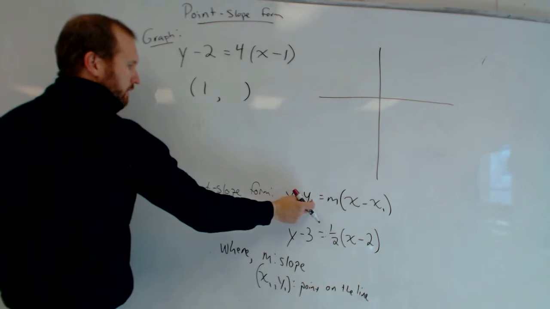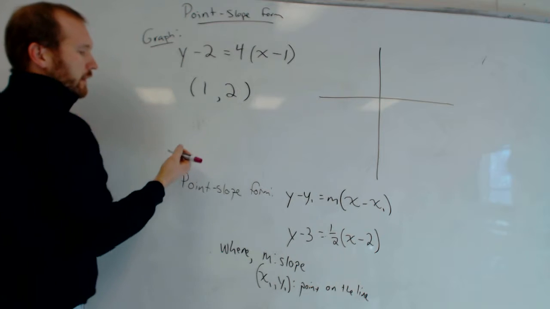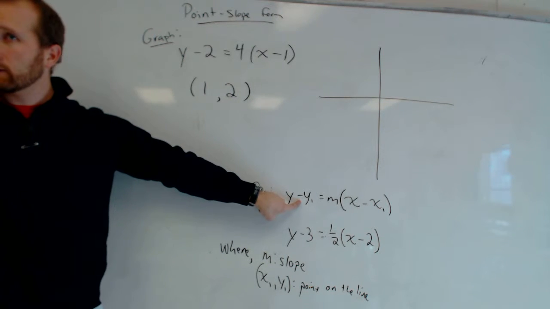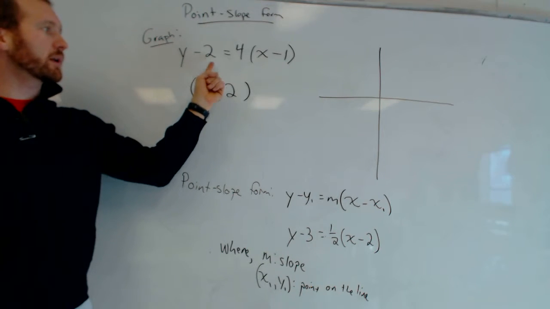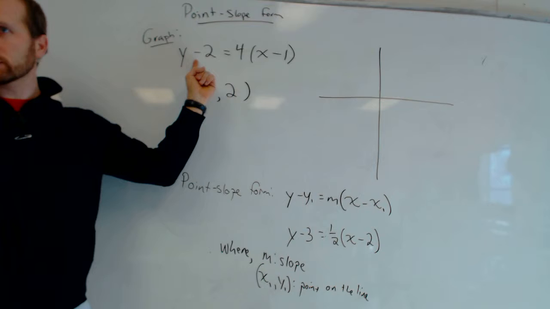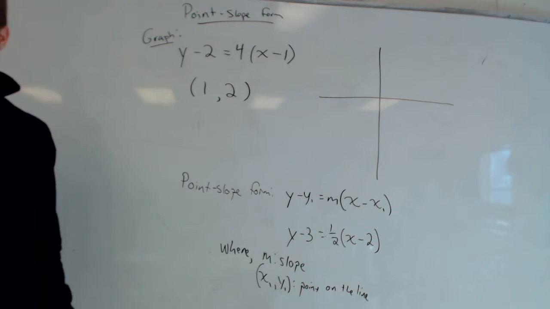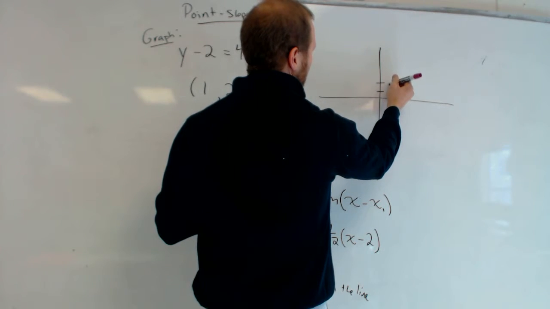Well, it should be the number that's right after y, so it's 2. Now notice, the equation itself has a minus sign, right? So it's y minus y1. The y point is 2, it's not minus 2. Okay? (1, 2). Oh, so that gives me a point to graph on the line right there.